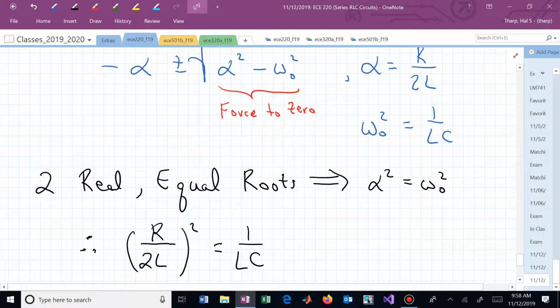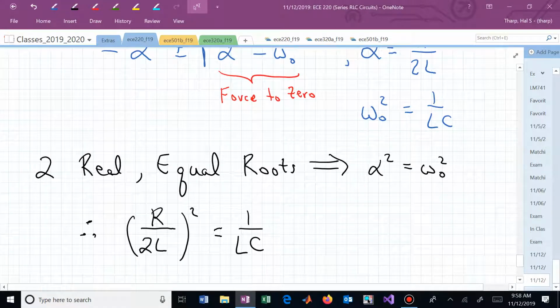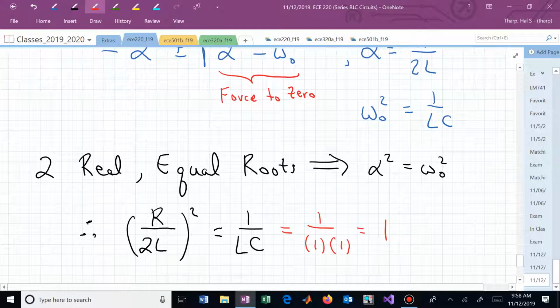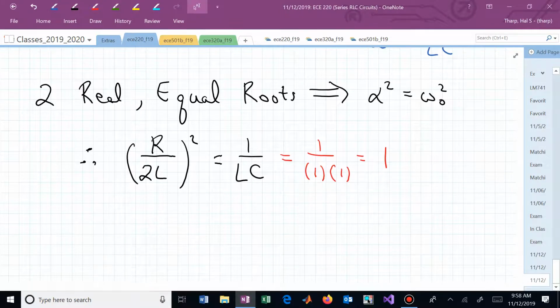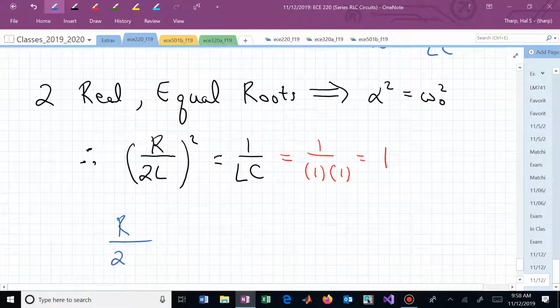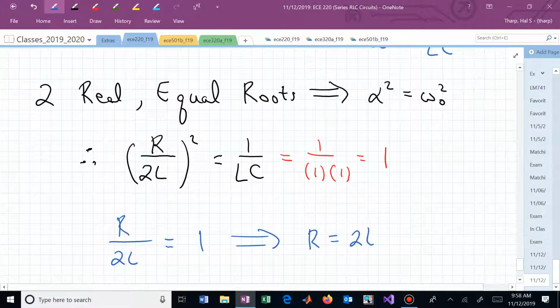If we now take the square root of both sides, or maybe before we do that, let's just plug in some numerical values. We assumed L was 1 and C was 1. Now the square root will be easy to find. We're just taking the square root of 1, which is 1, so we now know that R over 2L is equal to 1, or R is equal to 2L.